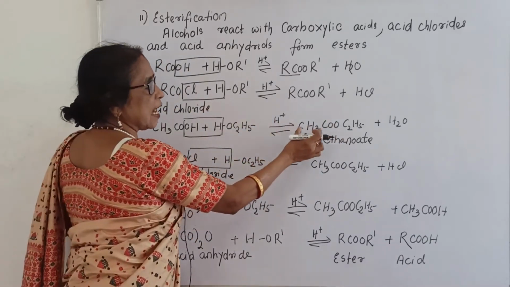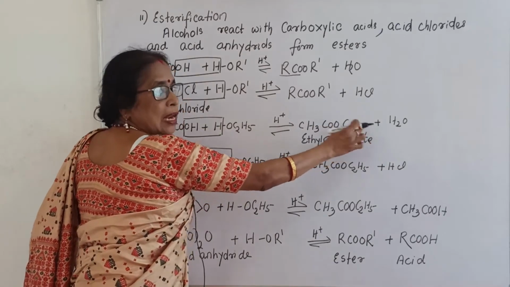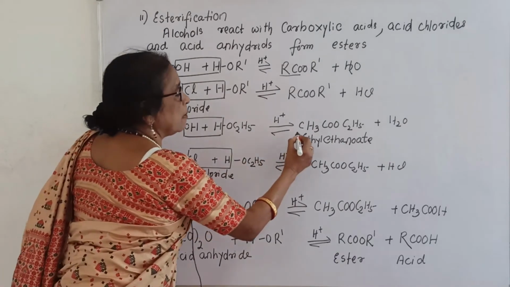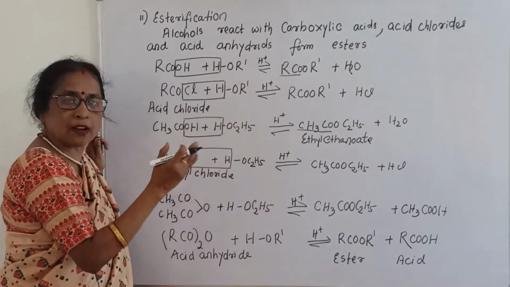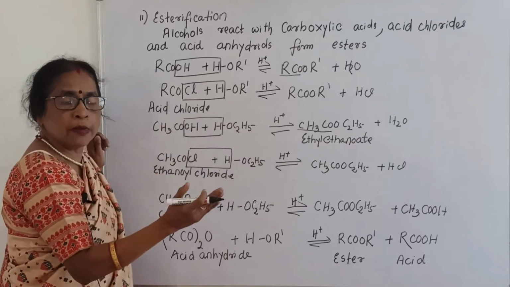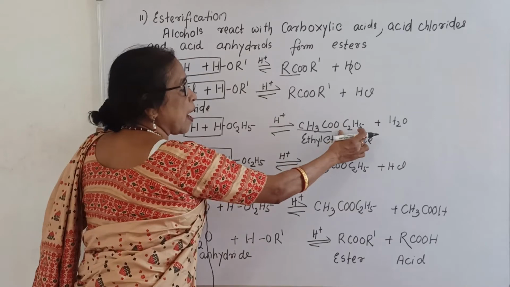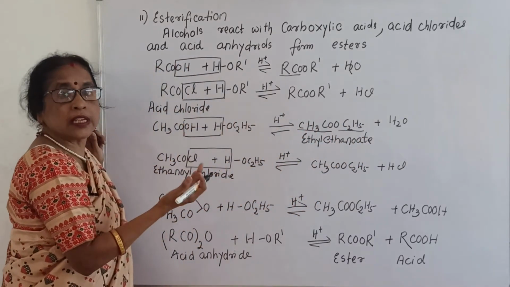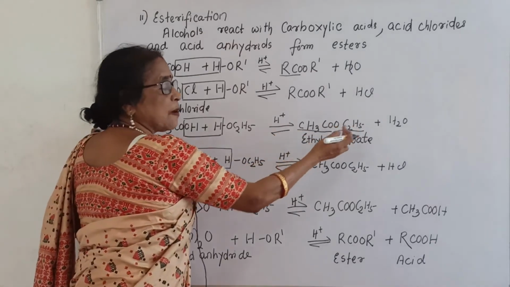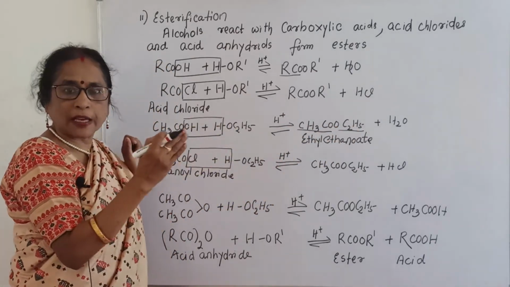This part is from the acid, this part is from the alcohol. The acid part is from acetic acid by common name, and ethanoic acid by IUPAC name. And this part is from alcohol. Which alcohol? C2H5 means C2H5OH, ethyl alcohol by common name.